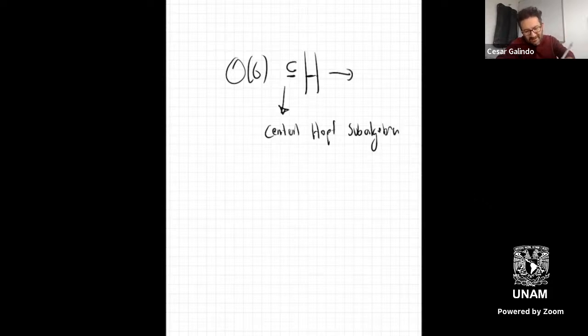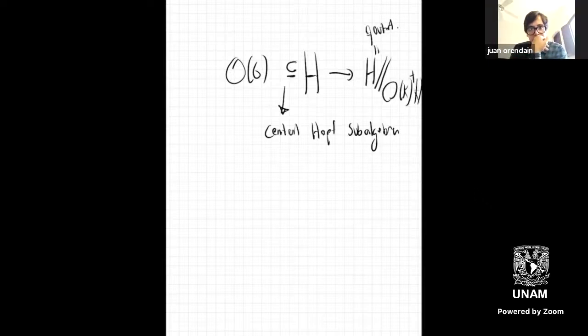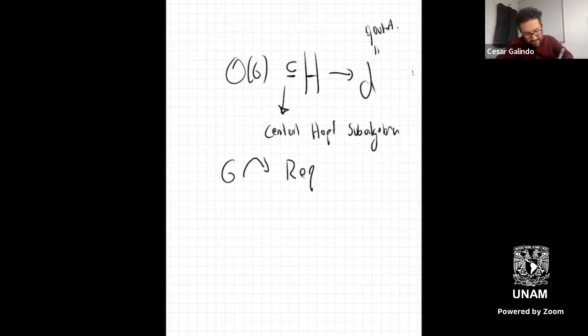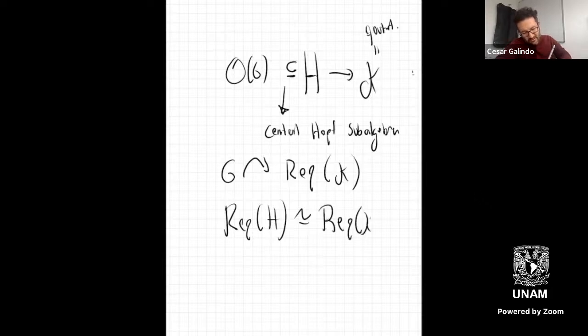So you can construct a quotient. It doesn't matter too much what the notation is, but this is the quotient. And the point here is that the group G acts on the category of representations of the quotient. Let me just denote the quotient by K, in order not to make this more complicated. And the category of representations of H is tensor equivalent to the equivariantization of Rep K by G.